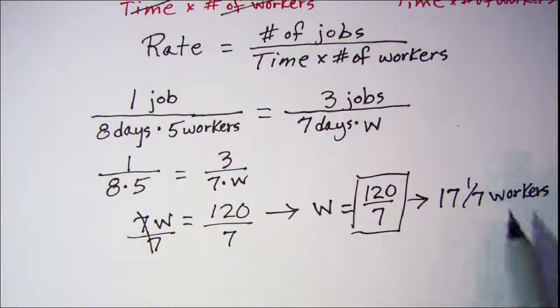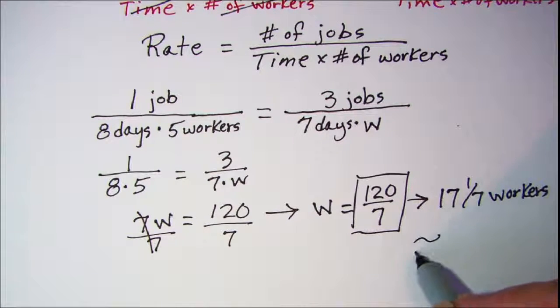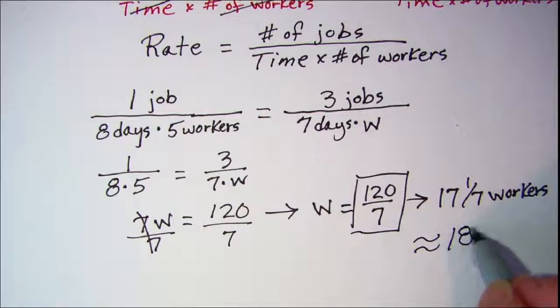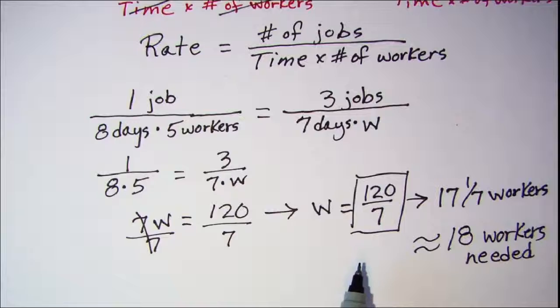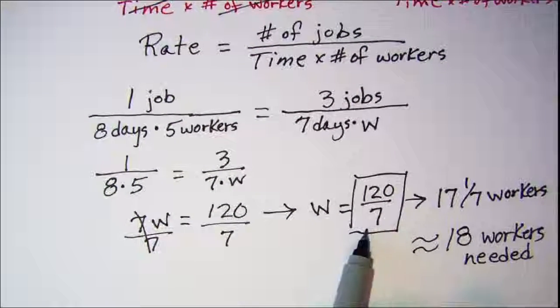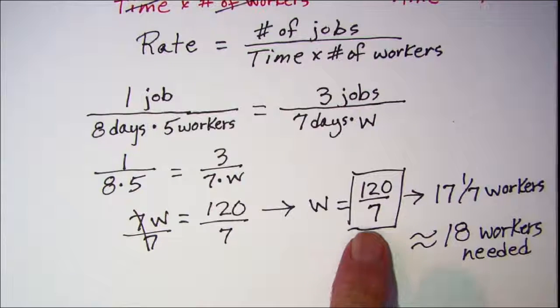So we would probably go up to 18 workers are needed to get all those jobs done. But for the purpose of a math question in a textbook, this fraction is acceptable, unless the objective is to decide whether you need rounding or not.